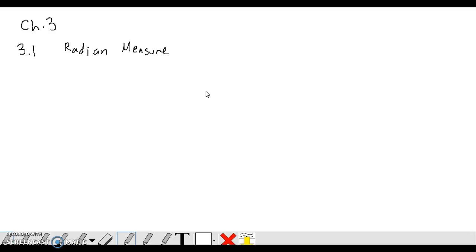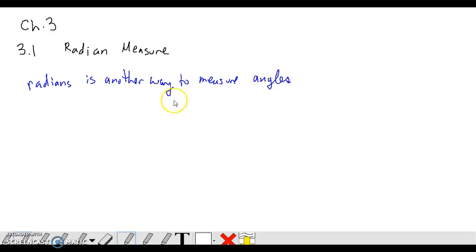So radians is just, think of it as another way to measure angles. Okay, and instead of using degrees.